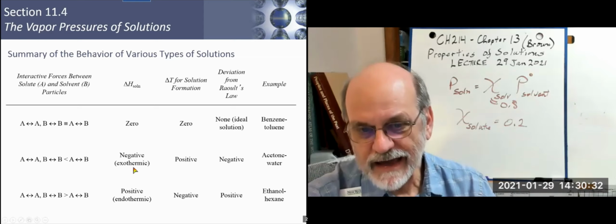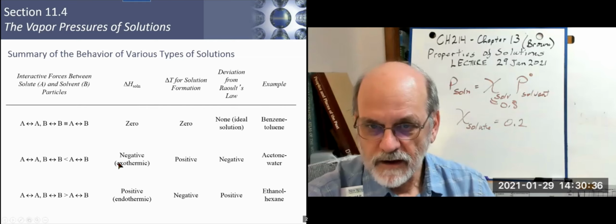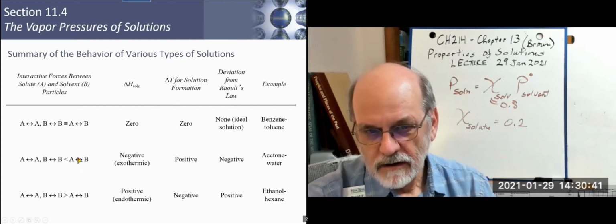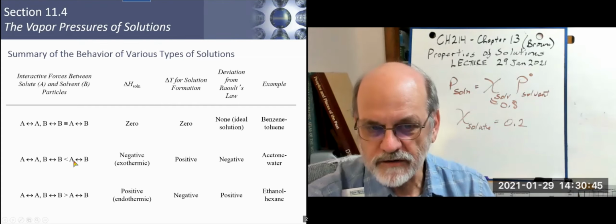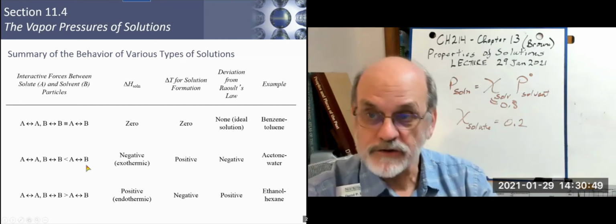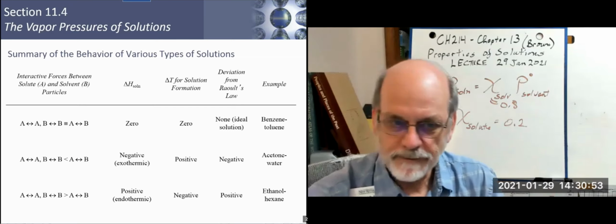If you have a negative or an exothermic delta H of solution, what that means is that the attraction of the two components is stronger than the attraction of themselves to their brothers and sisters, so to speak.